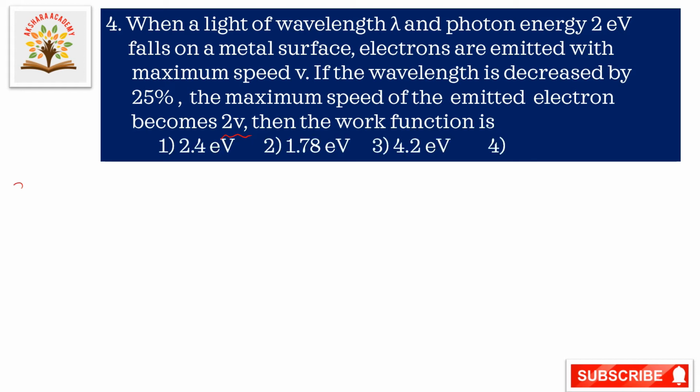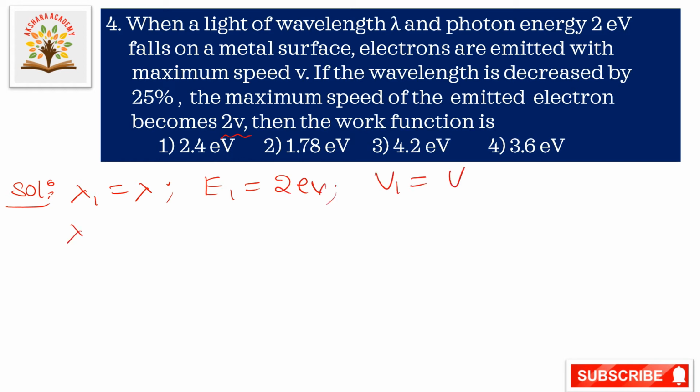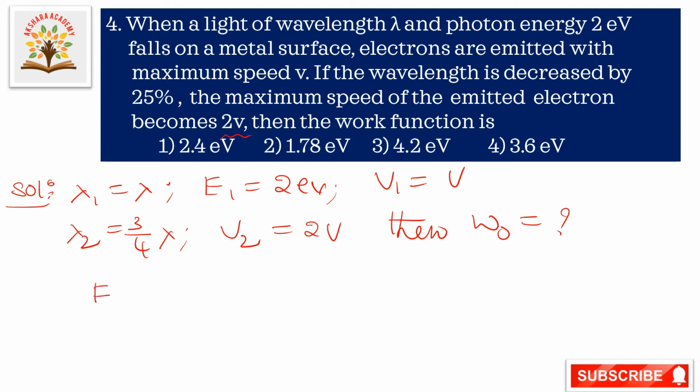Here in this question they have given lambda 1 is equal to lambda and E1 is equal to 2 electron volts and V1 is equal to V, and lambda 2 is equal to 3 by 4 lambda and V2 is equal to 2V. We have to calculate the work function.